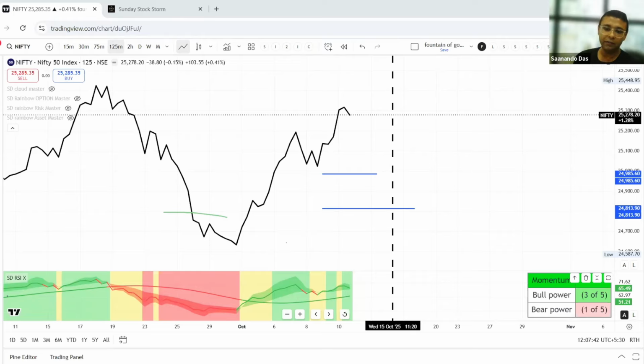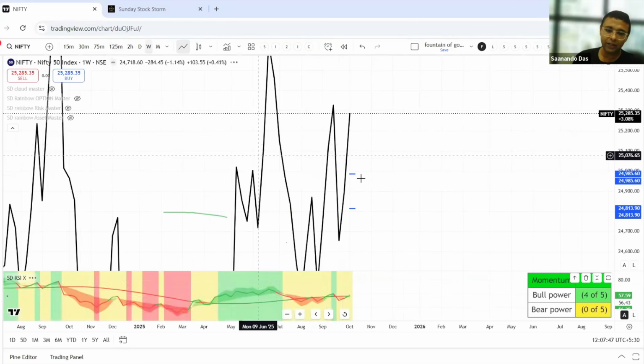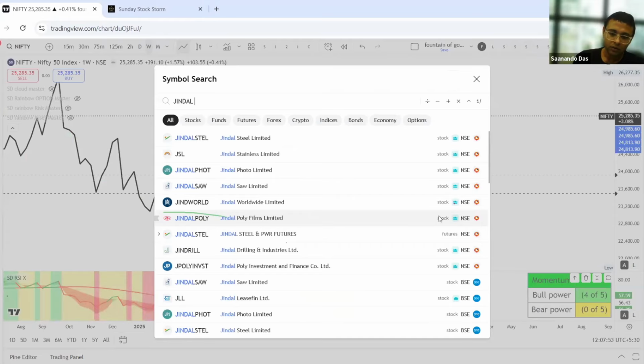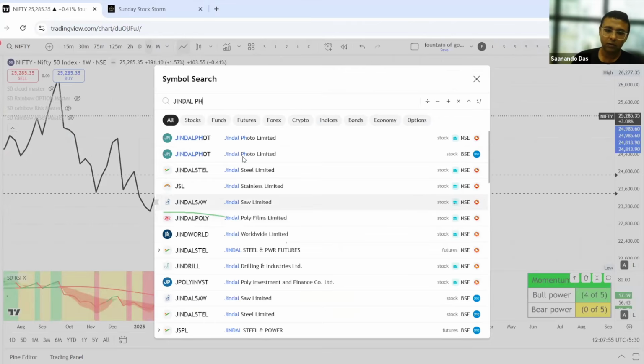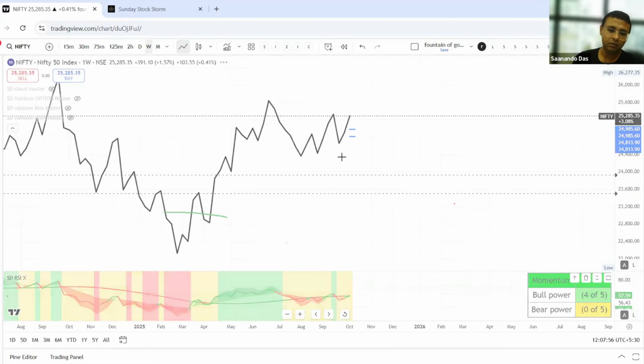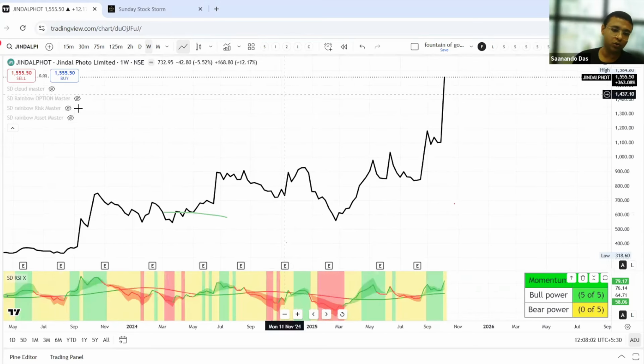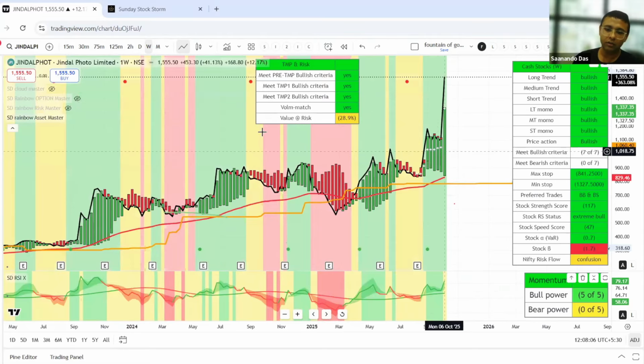Jindal Photo and Divi's Labs are the next. So let's once again go to the weekly chart. Jindal Photo Limited. It's a clear break, a big bounce has already happened. Currently, I don't think there is an entry.